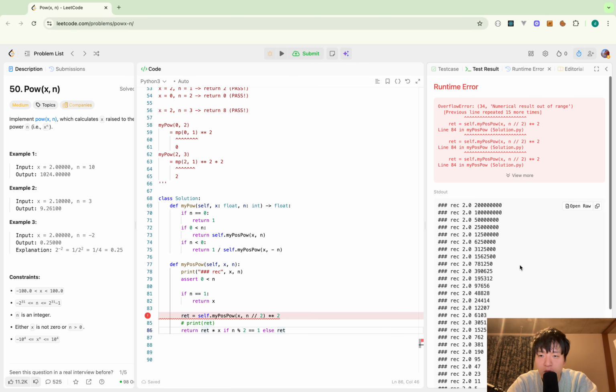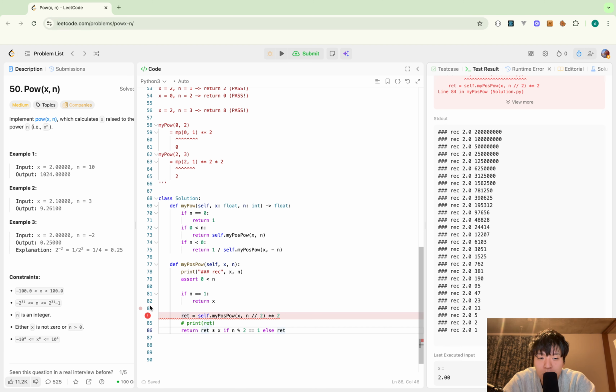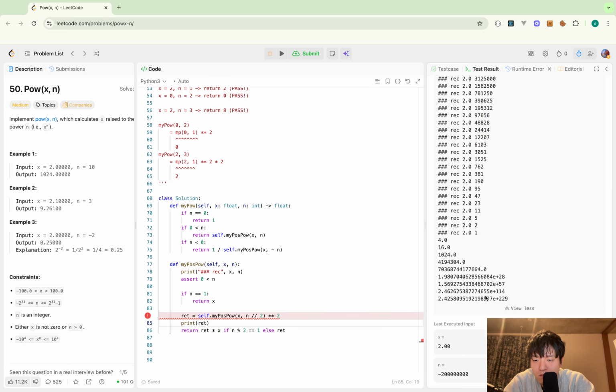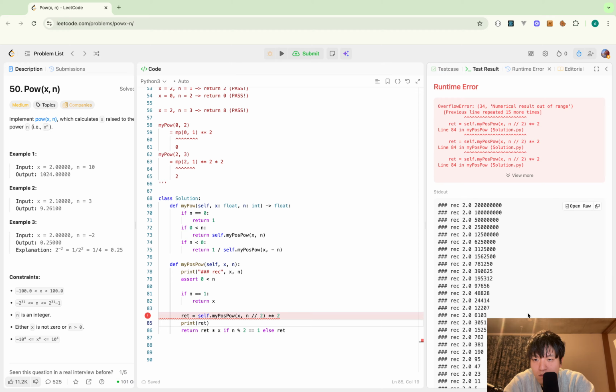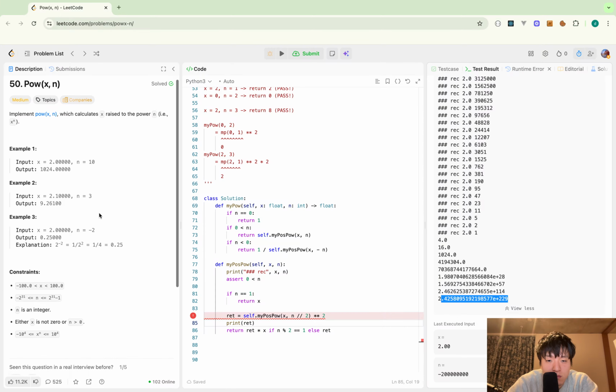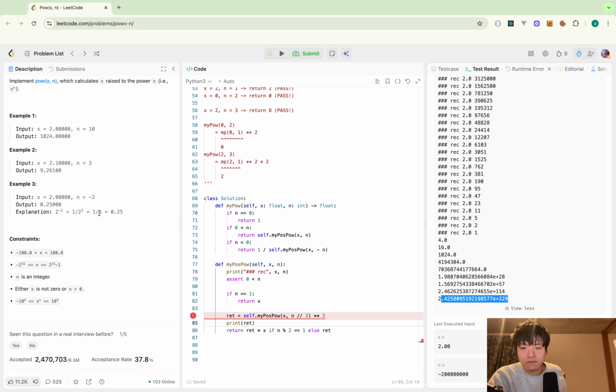Oh, this is a better error message. Why is it? Numerical result out of range. I think, how can I avoid that?